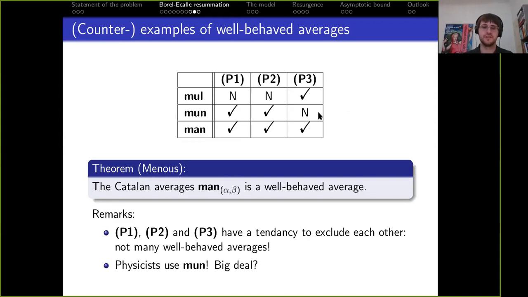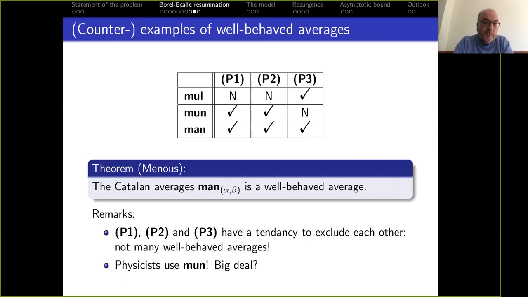And I don't think it would change anything to change the average, but that's an interesting topic of conversation. And a difficult theorem due to Menou in his PhD thesis, I believe, in the early 90s, is that the Catalan average is actually a well-behaved average. There are other known examples of well-behaved average, but only finitely many, I think 6 or 7 families.